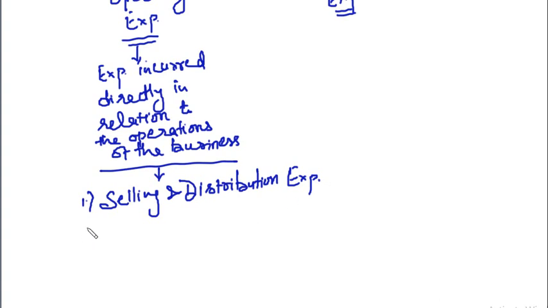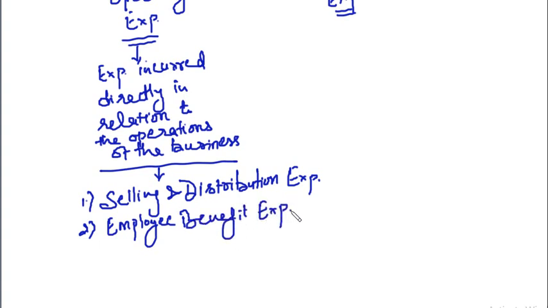Another one, employee benefit expenses. Now you have to keep your employees happy. If your employees are not happy, they will not work to their potential. As a result, who will suffer? You will suffer, as a businessman. So you have to make some expenditure on the employee benefits to keep your employees happy.